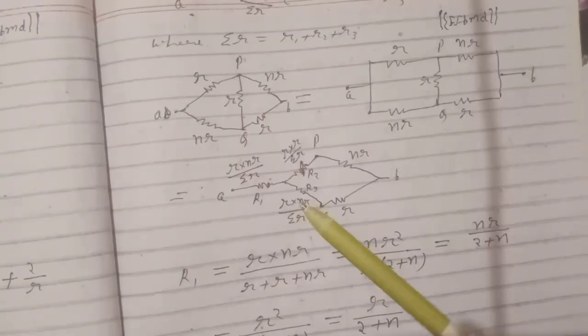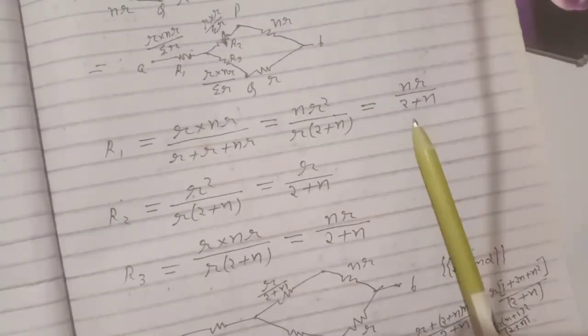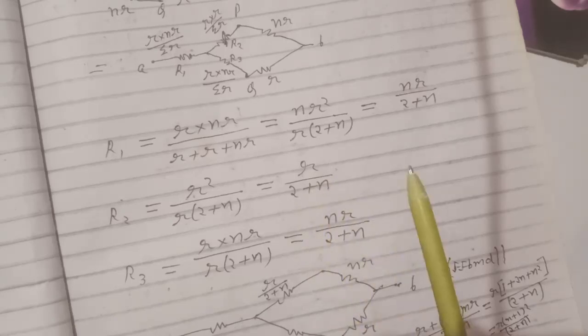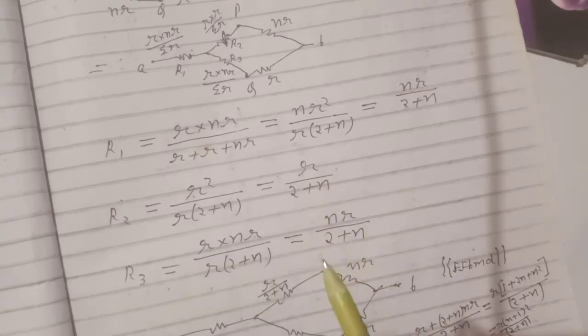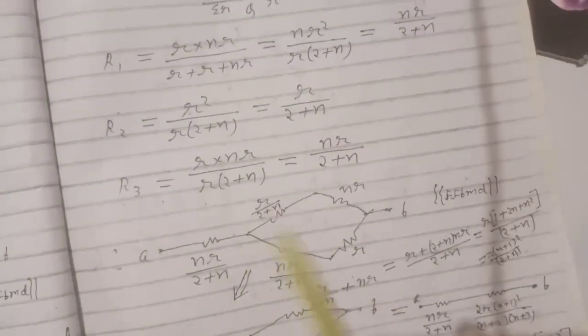Okay, so first we calculate R1, which comes out to be NR by 2 plus N. Similarly, R2 comes out to be R by 2 plus N, and R3 comes out to be NR by 2 plus N. Now the whole circuit will look like this.